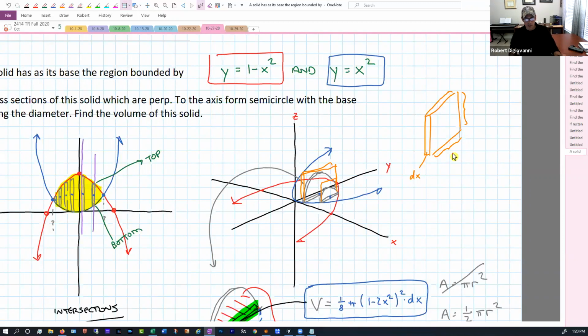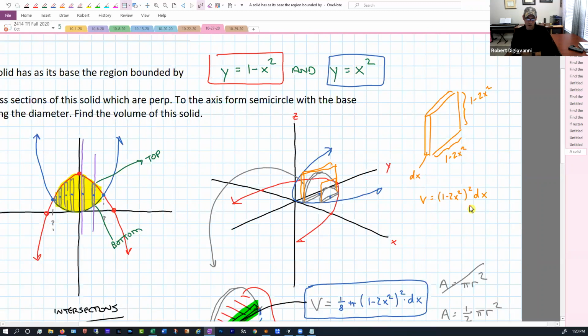So I just figure out top minus bottom. If you take the top and you subtract the bottom, you should get 1 minus 2x squared. I'll leave that to you. And then that's what this is, 1 minus 2x squared. And so the volume of that is going to be 1 minus 2x squared times itself, which means square it, and then times dx.